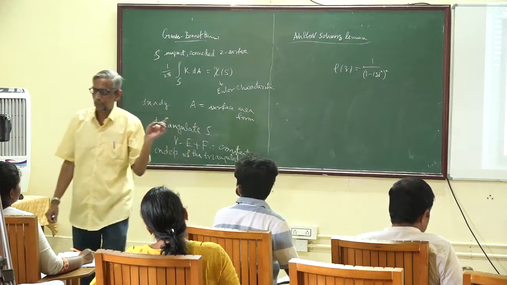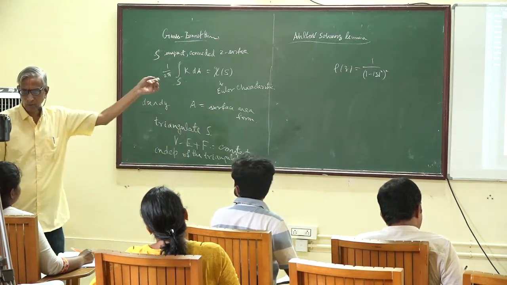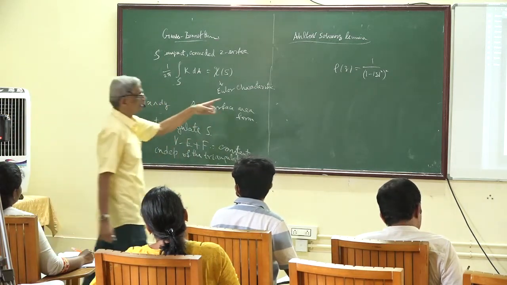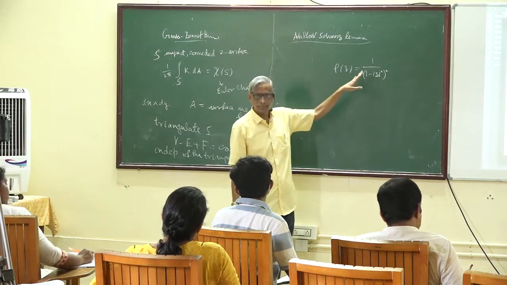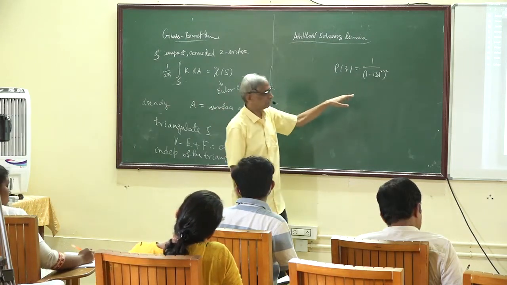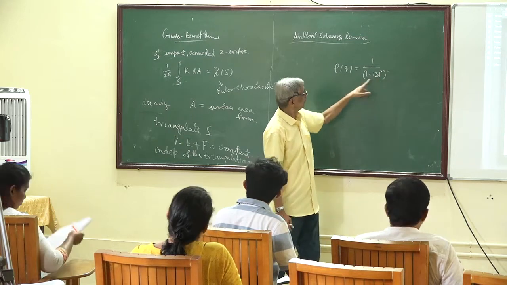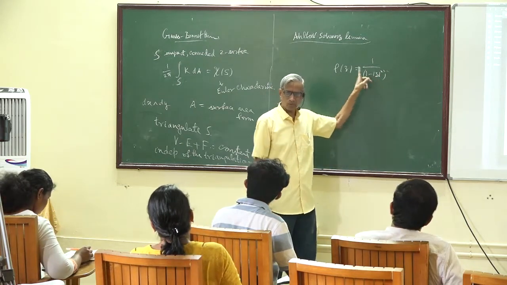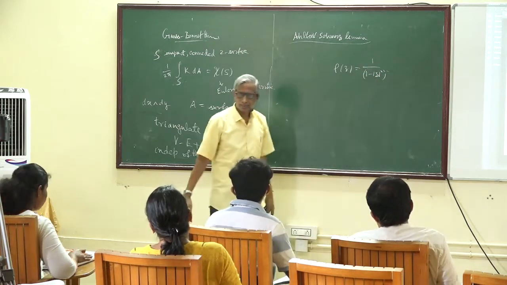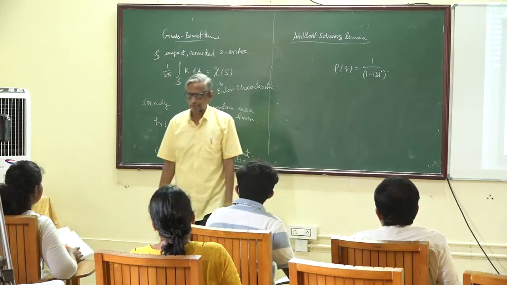So your Riemannian metric on the unit disk is rho z, or let's denote by rho z this one. So rho z square times the Euclidean inner product.